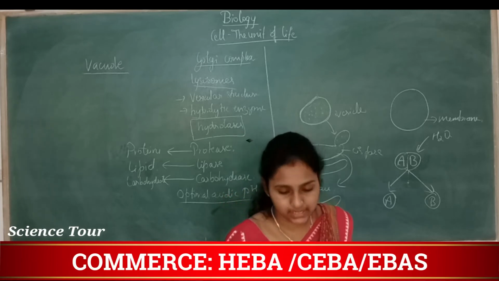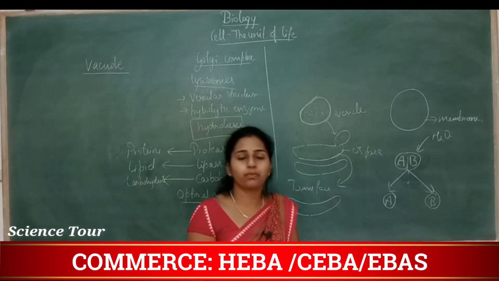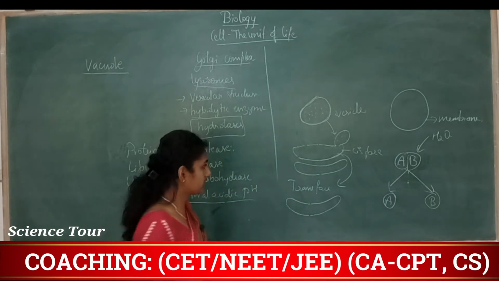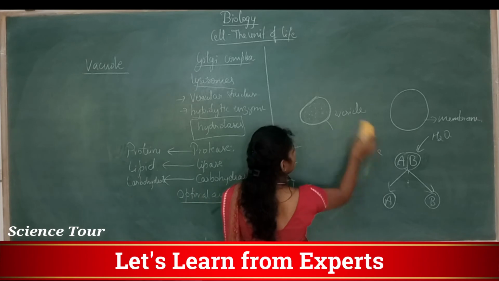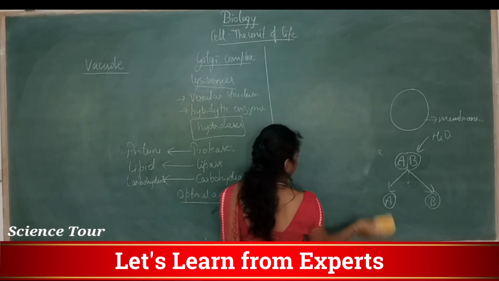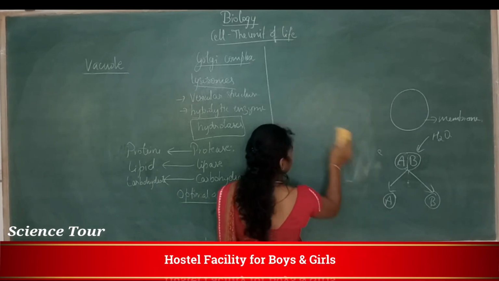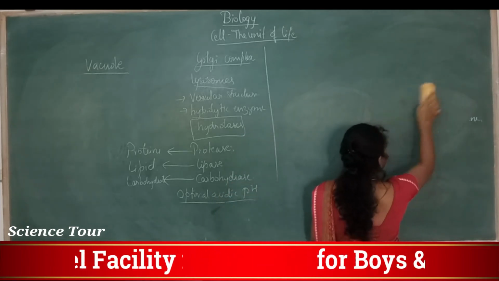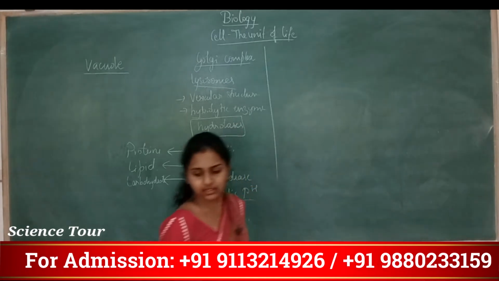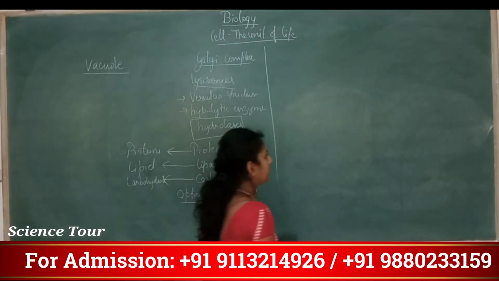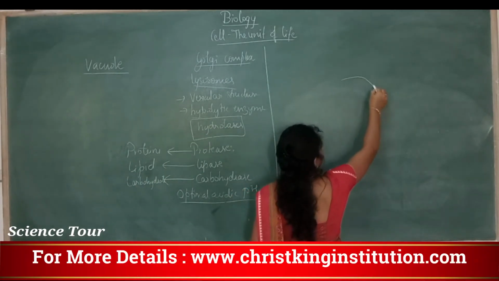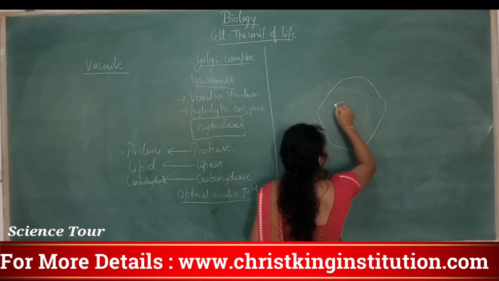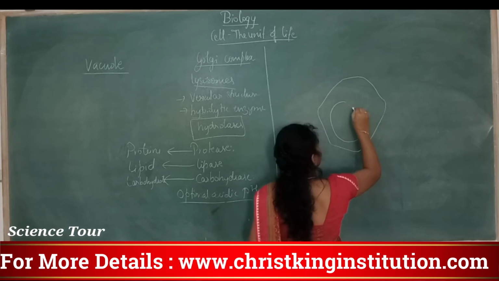Here in plant cells, the maximum area of the cytoplasm is covered by this vacuole. If you consider this is a plant cell, a large area is occupied by the vacuole.